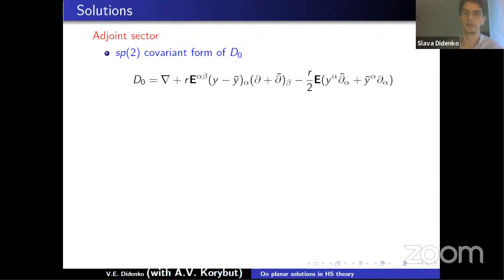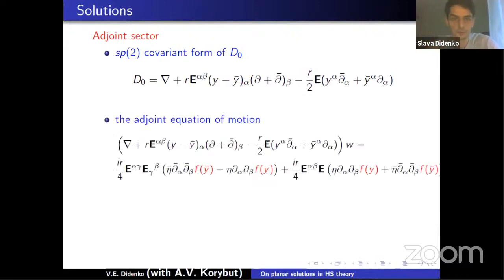You may remember from Mitya Ponomarev's talk, for example, that the solutions for field strengths are usually easy, even in the case of the plane wave solution, but the gauge sector can be quite complicated. So the idea of solving the adjoint sector is to rewrite the covariant derivative using this extra accidental nabla derivative.